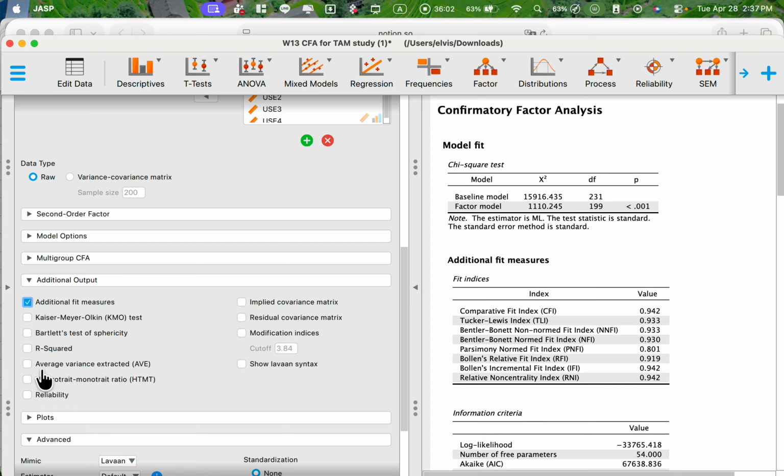And down below, you can find average variance extracted, or AVE. Check AVE. And heterotrait-monotrait ratio, or HTMT. So check HTMT. And have reliability. So check reliability. Good.